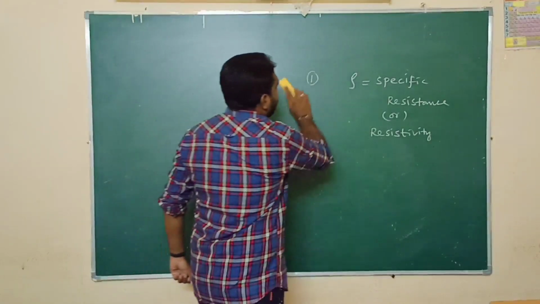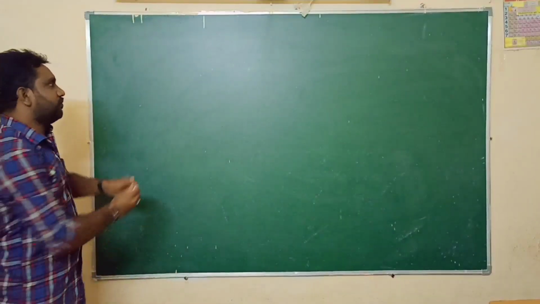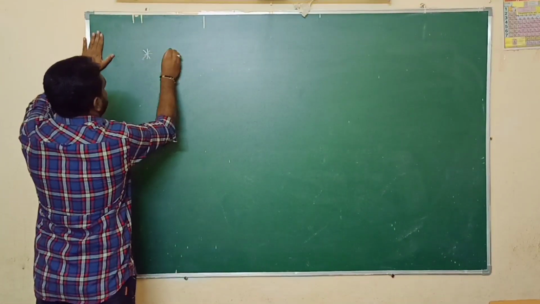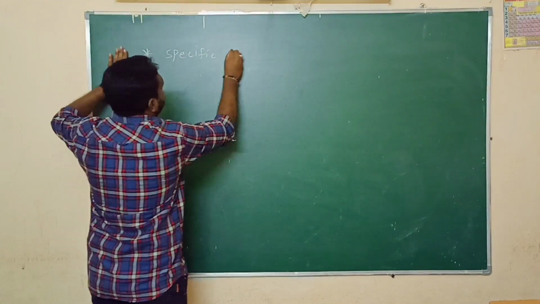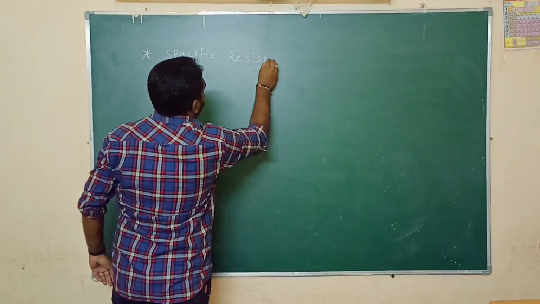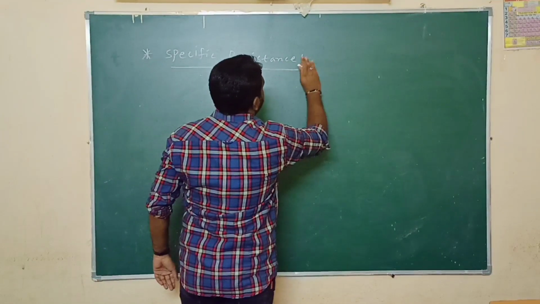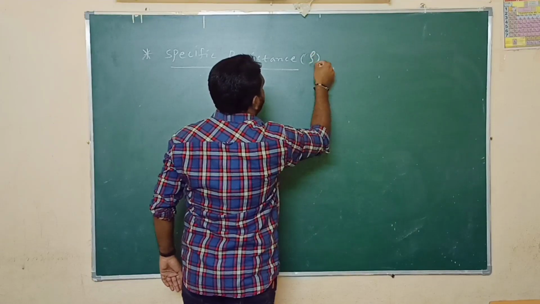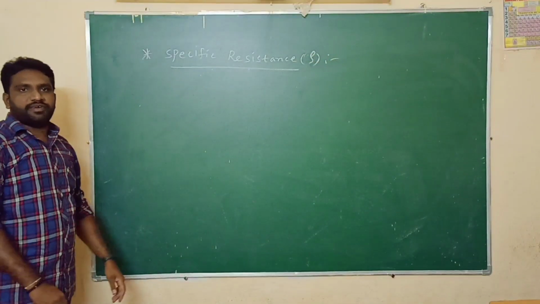We are going to learn about the specific resistance of a conductor. Already we know that the symbol of specific resistance is rho, also known as resistivity.